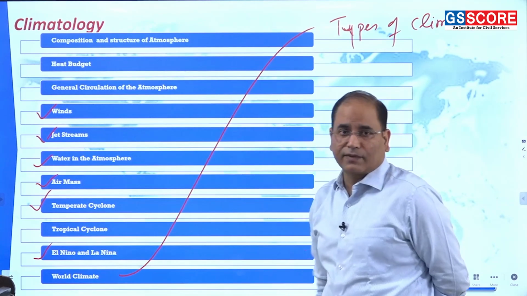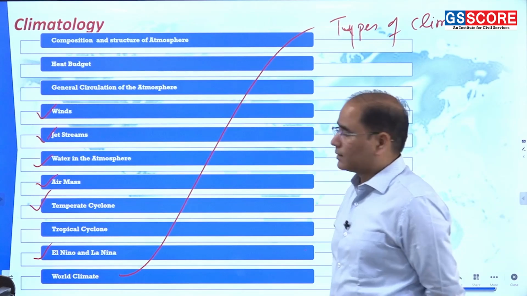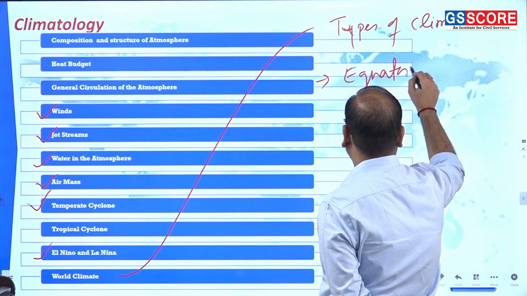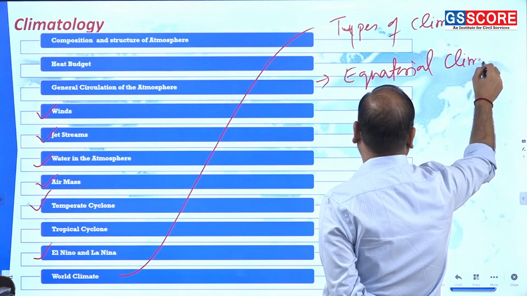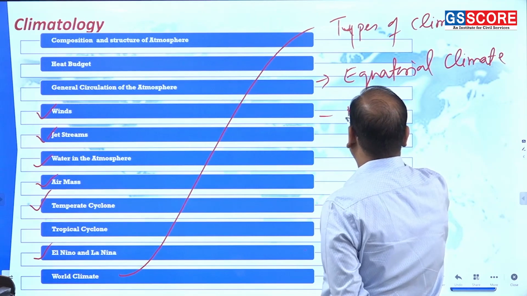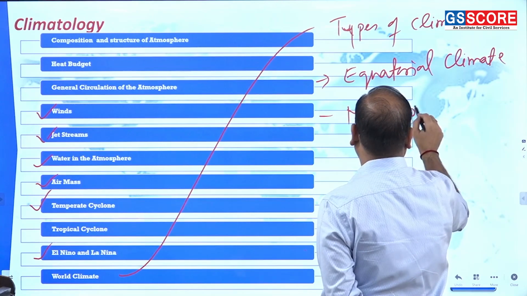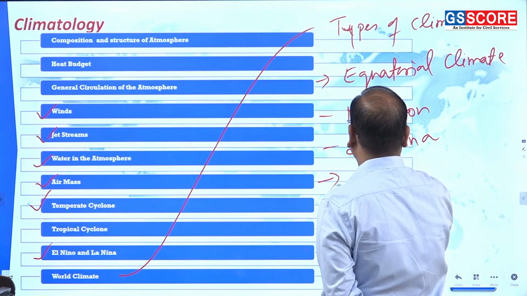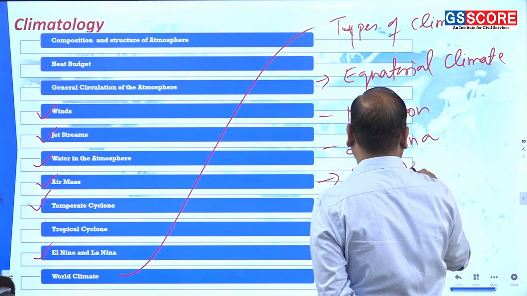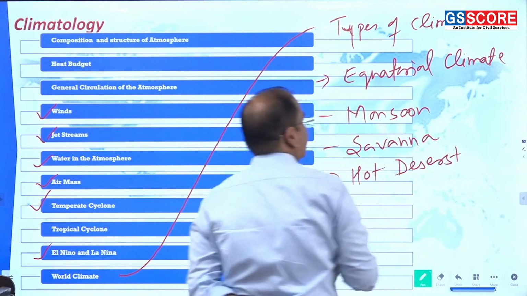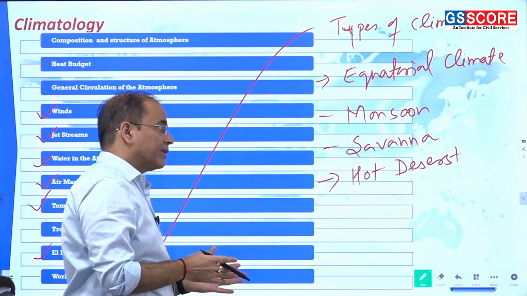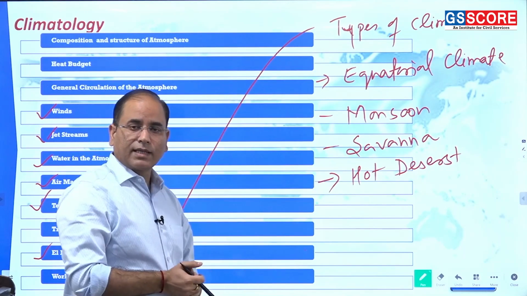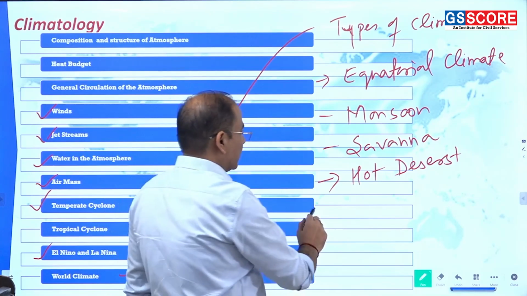There are different types of climate that are prevalent on the Earth's surface, starting from the equatorial climate, also monsoon climate, also we have savanna climate, also we have hot desert climate. So we have equatorial climate, monsoon climate, savanna climate, hot desert climate. Monsoon, savanna, hot desert, these climates will be present in the tropical area.